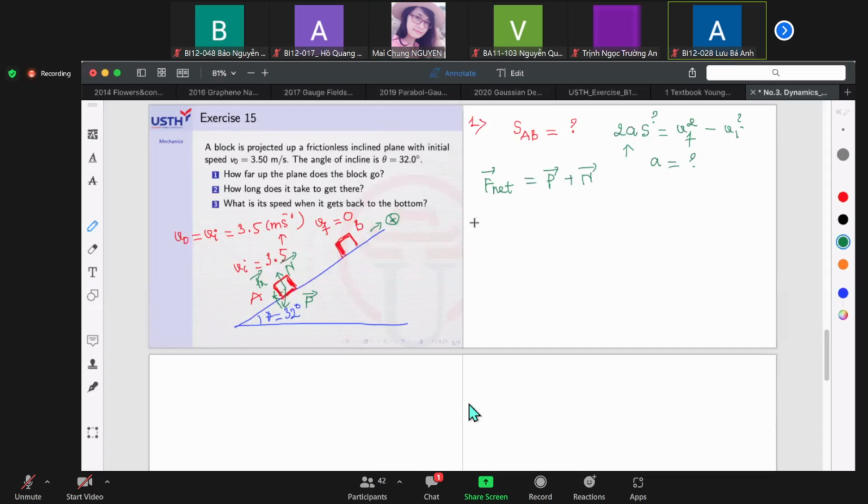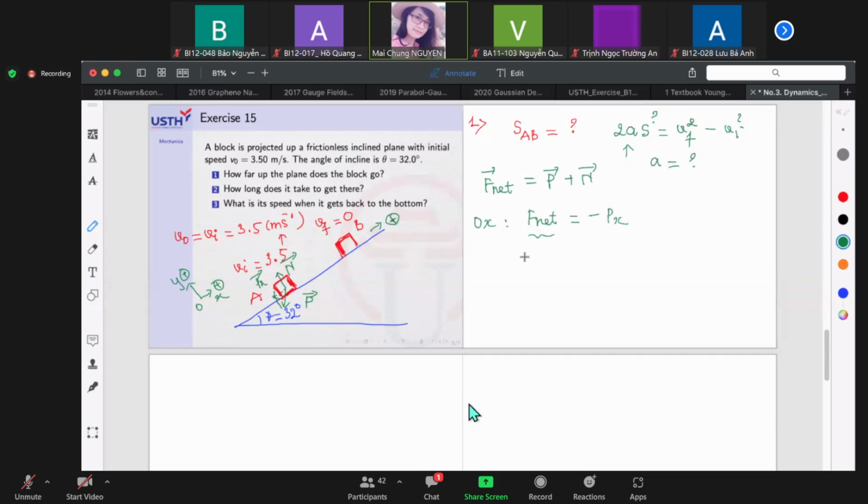But in this case, we just consider Ox. For example, you choose Ox along the plane and Oy perpendicular. We just consider the forces on Ox because the object moves along the plane, right? So we have the net force equal to negative Px, right?